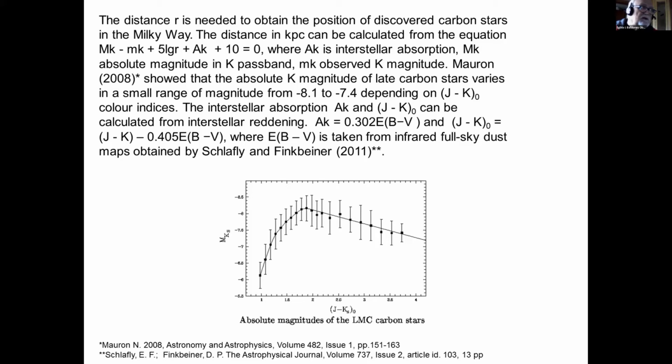It allows us to create a methodology to obtain the distances of carbon stars in our galaxy, of course taking into account interstellar absorption, which we obtain from the near-infrared observation of dust distribution in our galaxy.